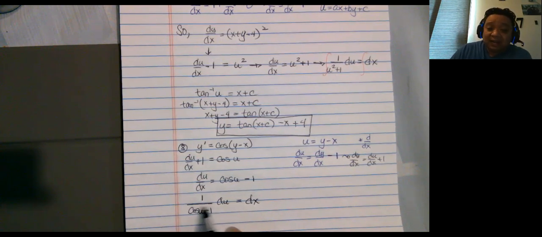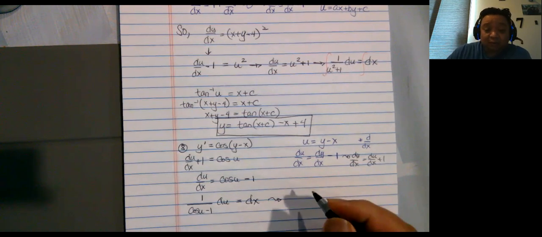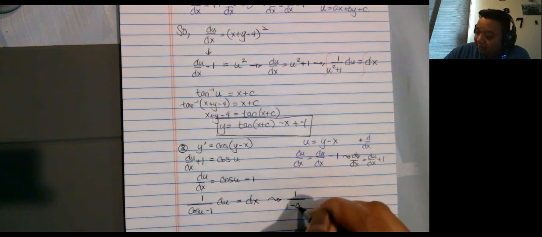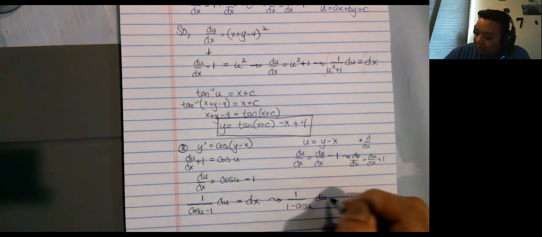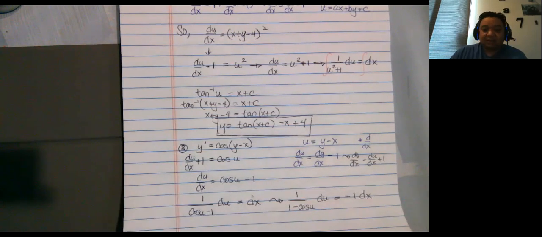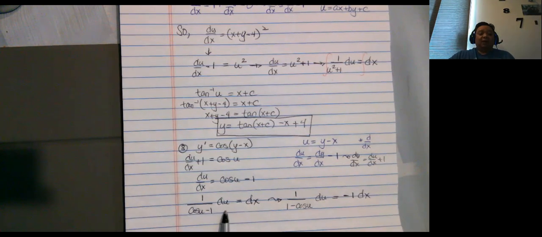So multiply -1 to both sides, and I'll explain why once we get through the technique that we're gonna use. So you're gonna have 1 over 1 minus cosine u du is equal to a -1 dx. Okay. But any questions first on how to get to this part?